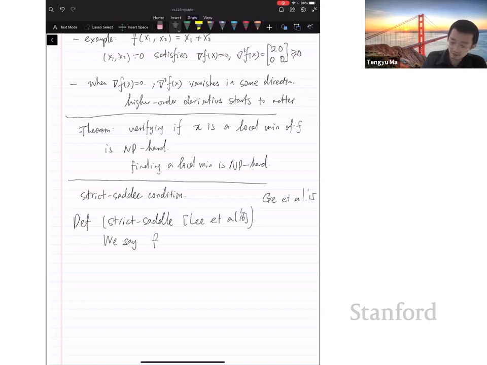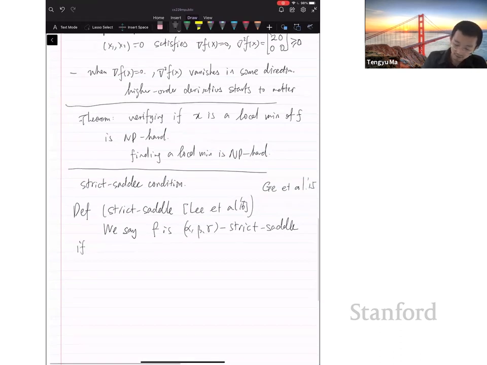We say f is (alpha, beta, gamma) strict saddle if every x in R^d satisfies one of the following.